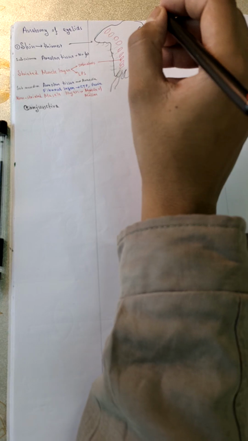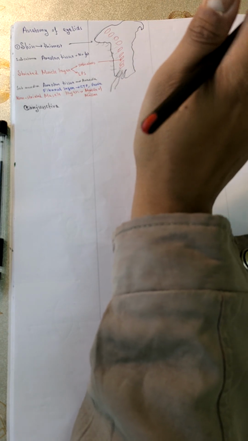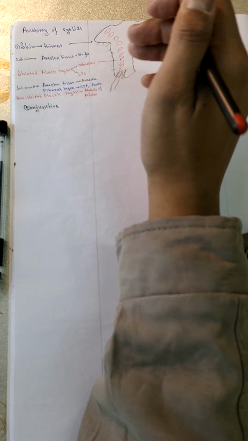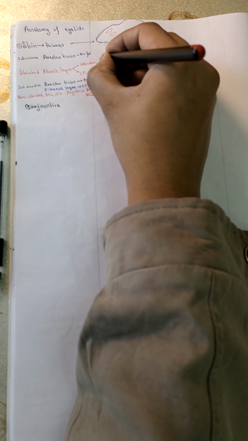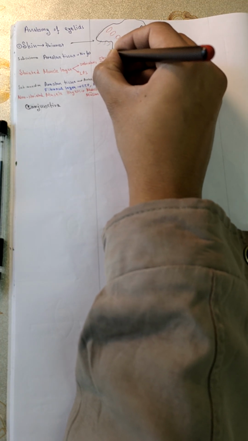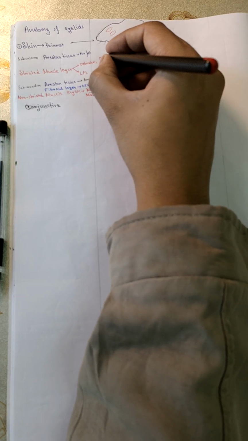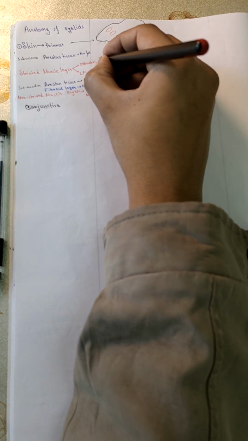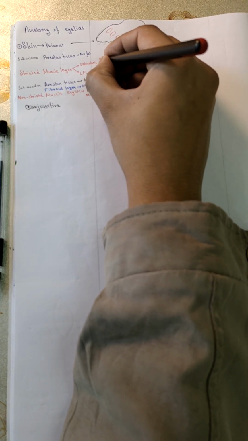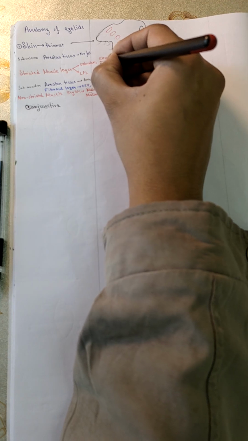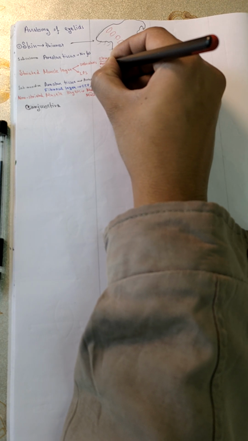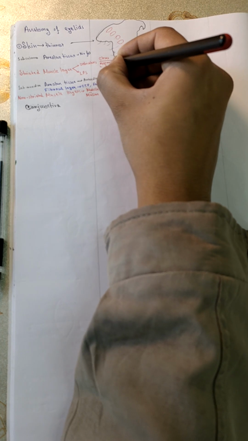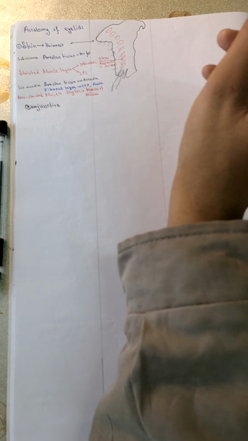Orbicularis muscle is attached to 3 points and forms an oval sheet across the eyelid. It closes the eyelid, and it is supplied by the zygomatic branch of the facial nerve.